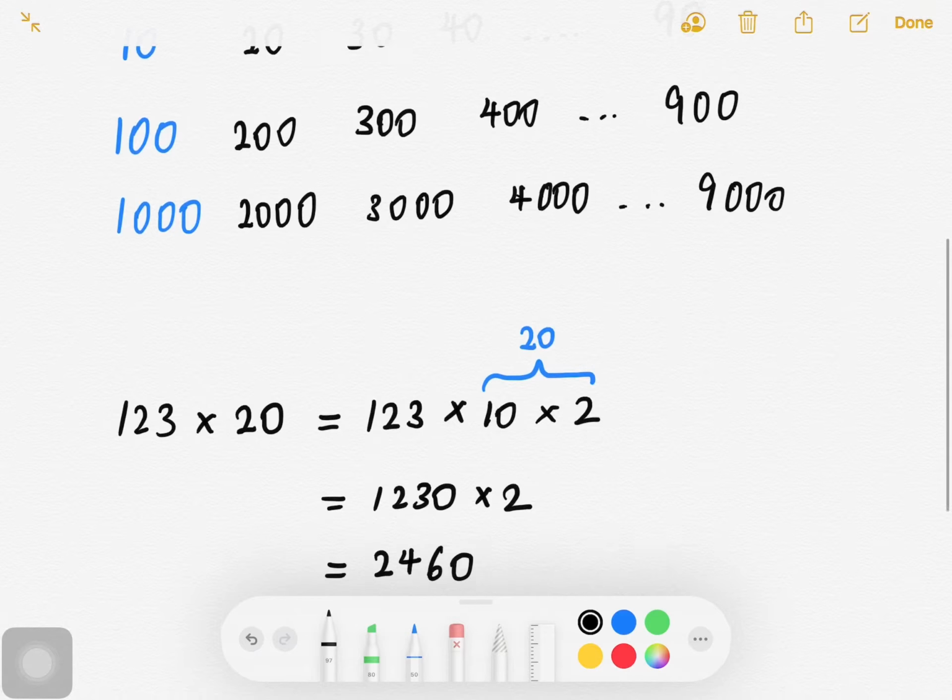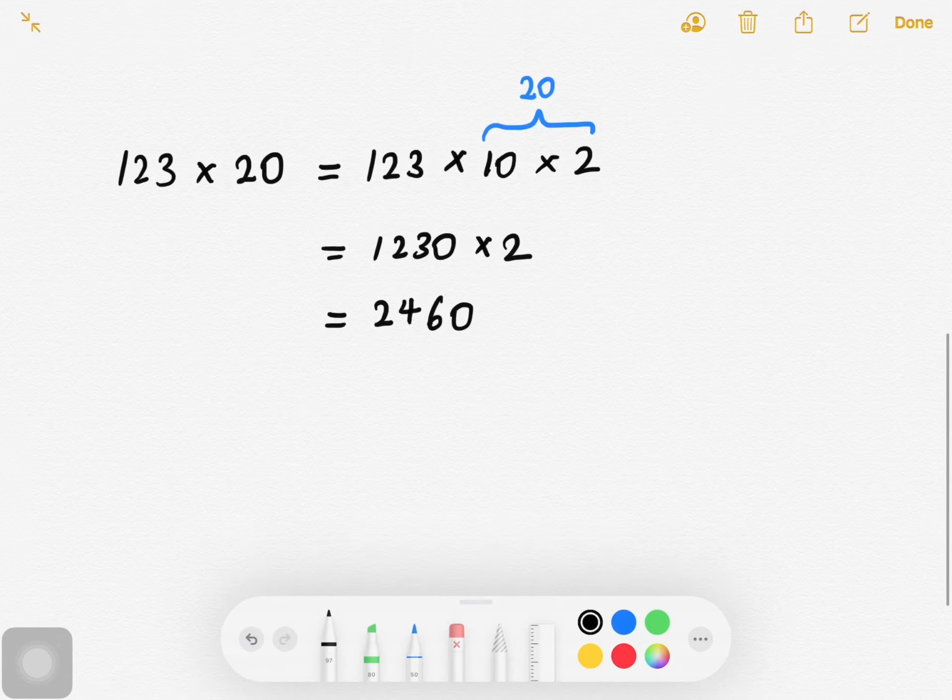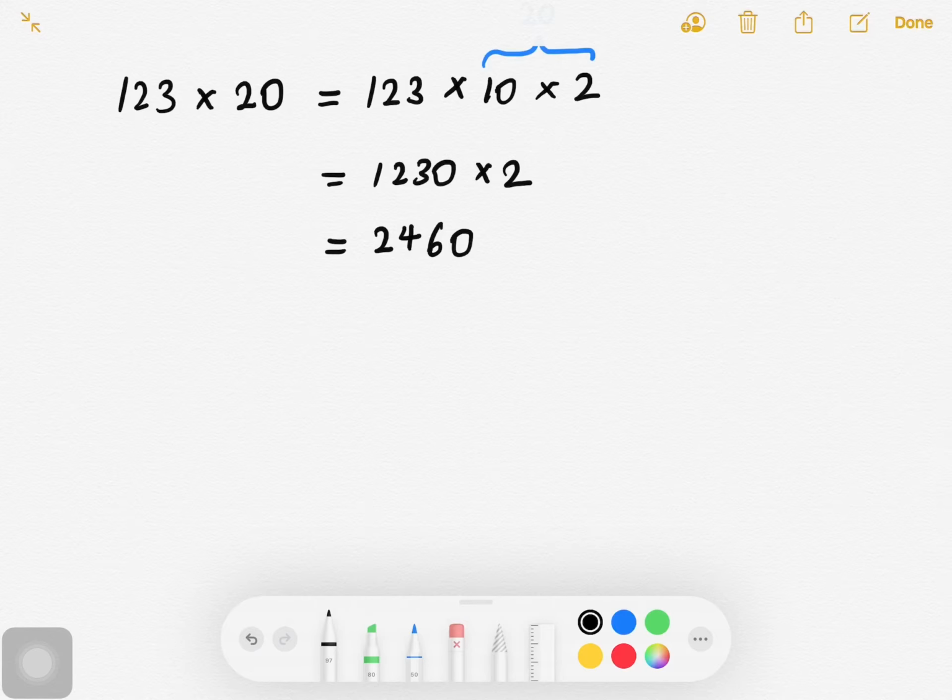Nothing very different for decimals. Since we already learned how to multiply by 10, 100, and 1,000 by shifting the decimal point, we are going to continue with that. I'm going to use a similar example. Let's say I have 1.23 and I want to multiply by 20. 1.23 multiplied by 20 is also equal to 1.23 times 10 times 2.